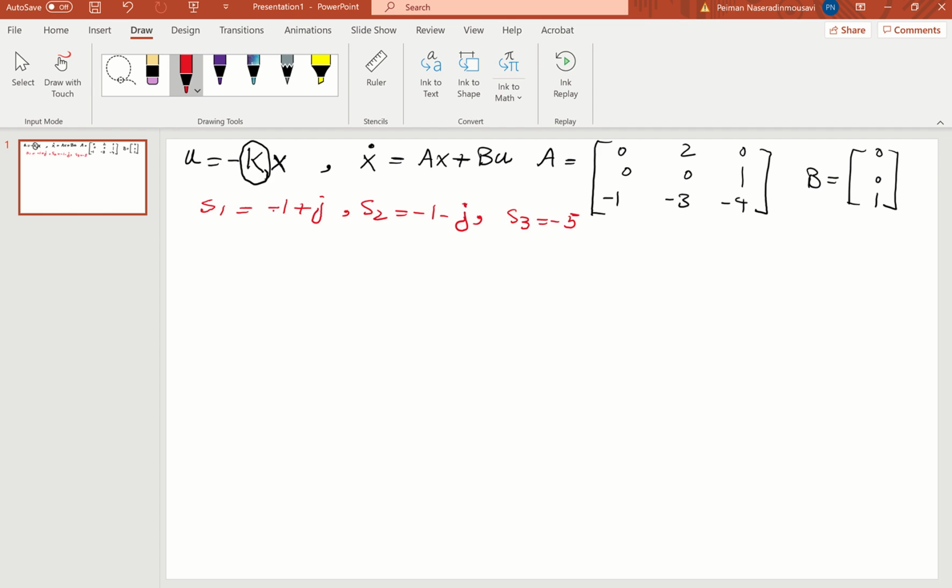And we want to go to what? To the origin, as is seen in the MATLAB code. We discussed why we selected these, and if you see the MATLAB code I uploaded on Blackboard, we have three state variables, x1, x2, x3, because it's a third order system.